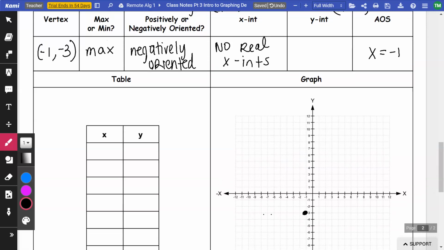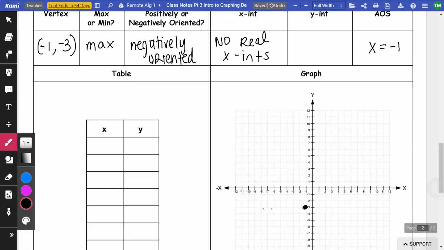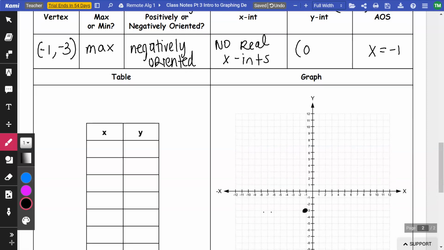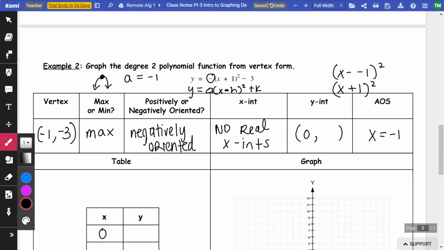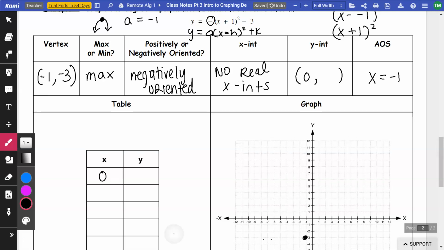As for our y-intercept, well, we know every y-intercept has an x value of 0, so we can plug in 0 into the equation. And just to remind myself what that equation was, y equals negative times x plus 1 squared minus 3. We're going to plug in 0 for x. So y is equal to the negative of 0 plus 1 squared minus 3.